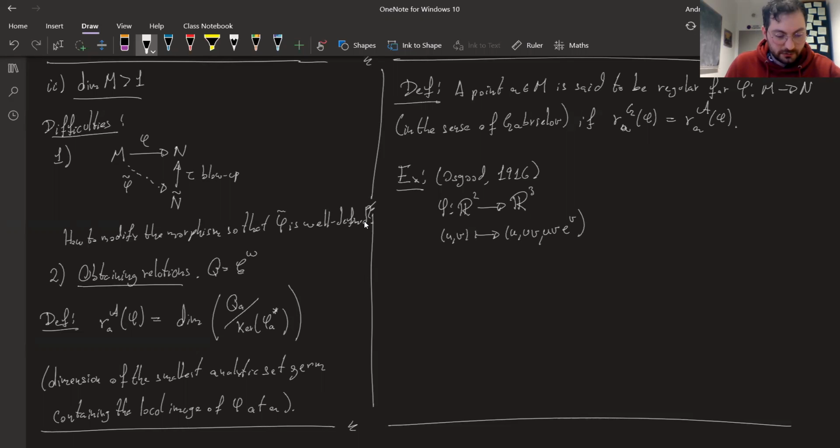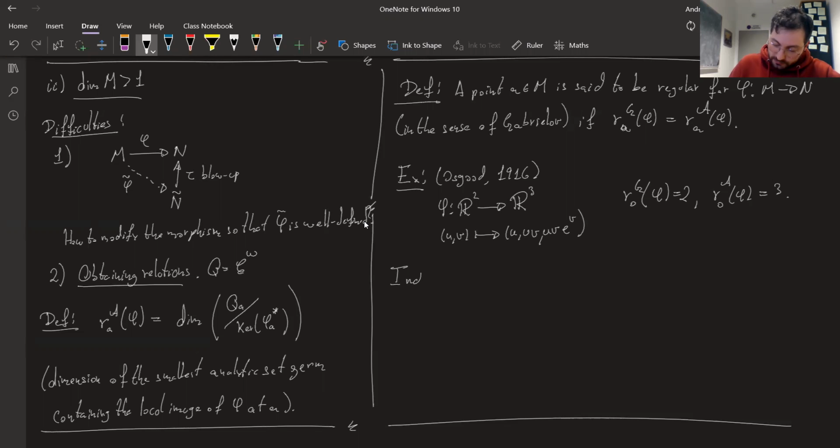I claim that the generic rank of this morphism at 0 is equal to 2, but the analytic rank is equal to 3. In other words, the only analytic set which contains the image of this morphism is R3. There's not going to be something of dimension 2. So let's see why.